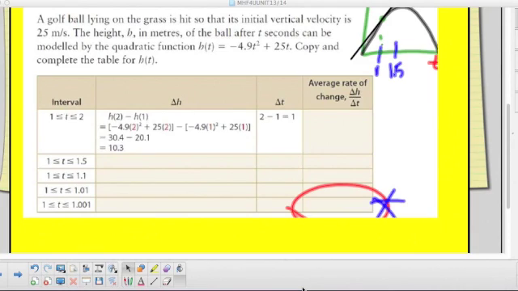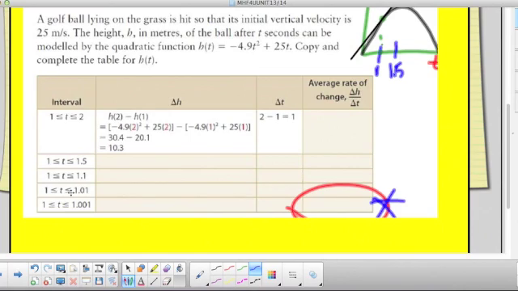Okay, so I'm going to concentrate on this interval, what's going on between 1 second and 1.001 seconds. That's the interval I'm going to concentrate on.